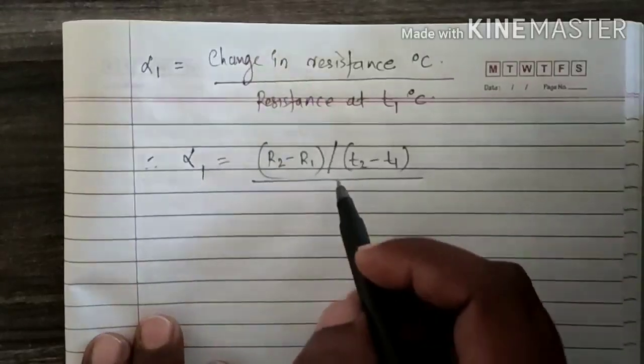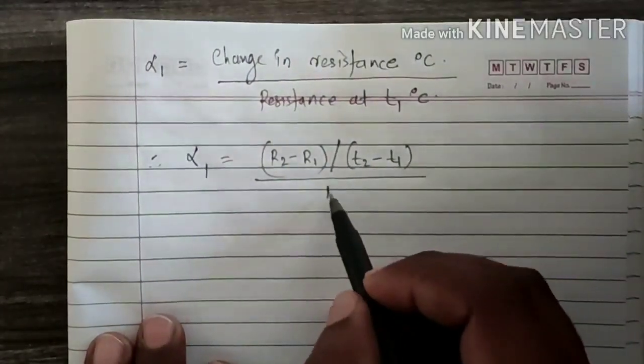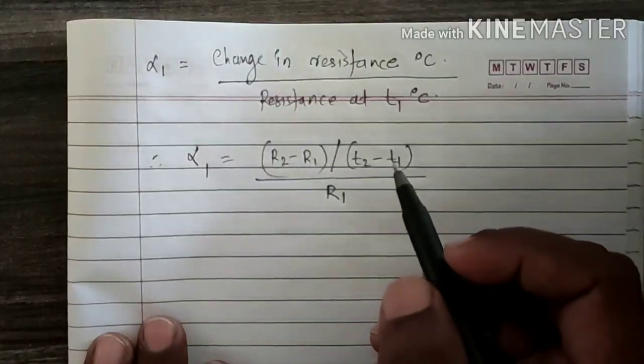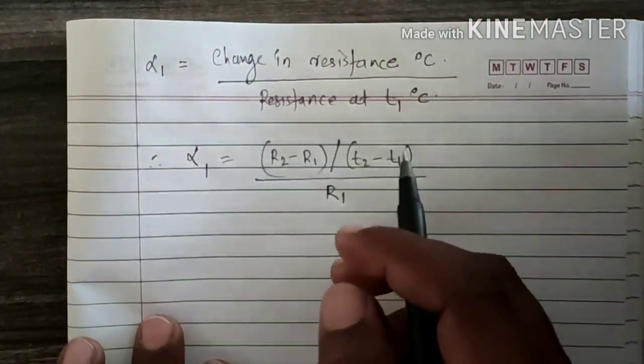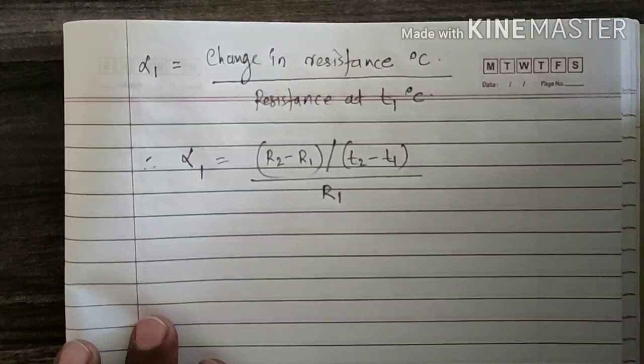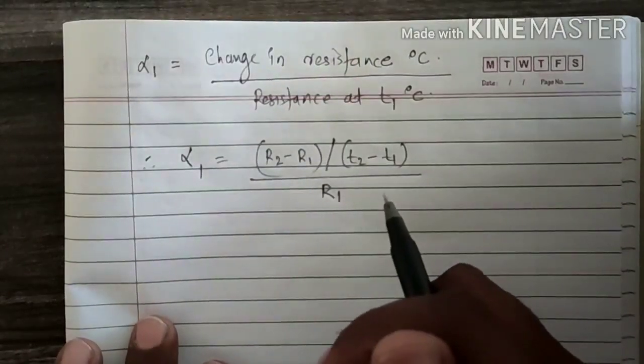Let's suppose my resistance R1 is there. This is how the formula of alpha 1 is denoted, the TCR, alpha 1.